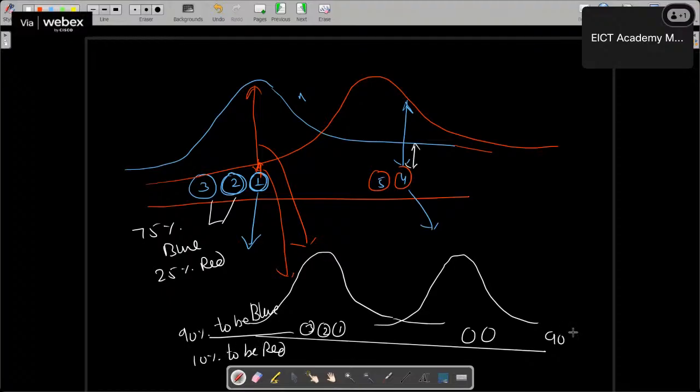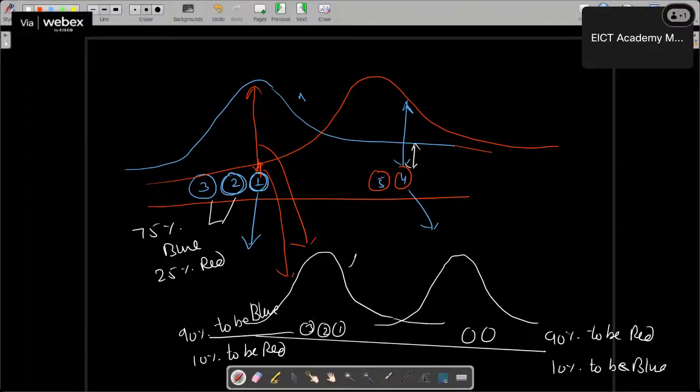Here it is 90% red and 10% blue. Clear? So now we know not only the cluster but also the Gaussian distribution.